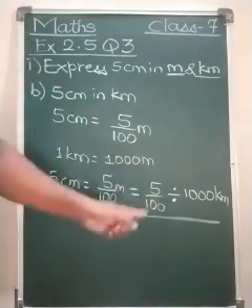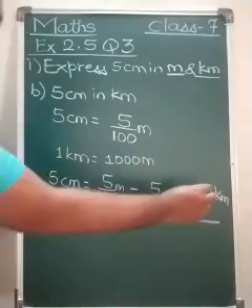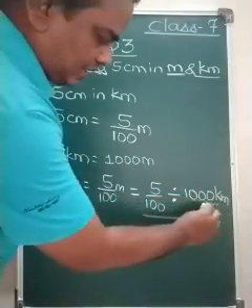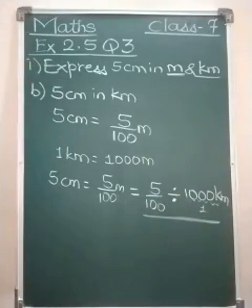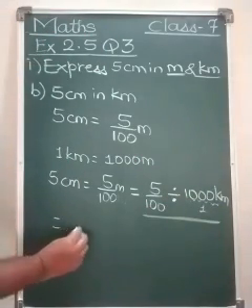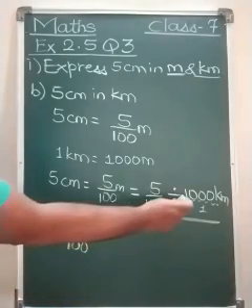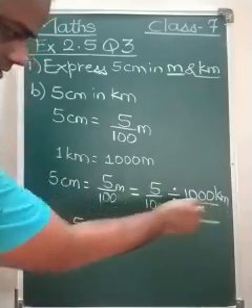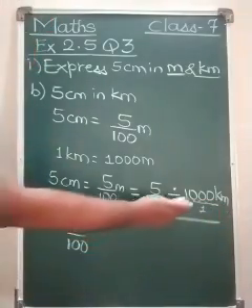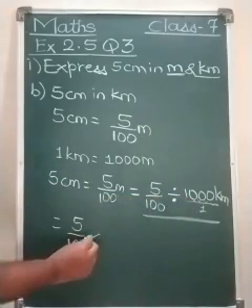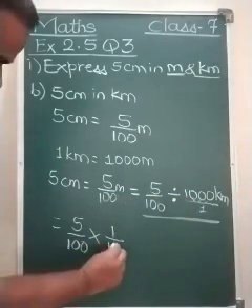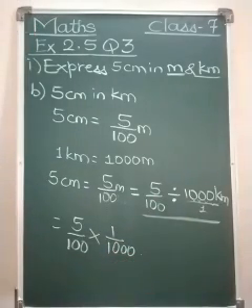Now we have already solved such kind of sums. This 1000, we can consider the denominator as 1. So this equals 5 upon 100, divided by 1000 over 1. The reciprocal of this would be done, and multiplication sign, 1 upon 1000.